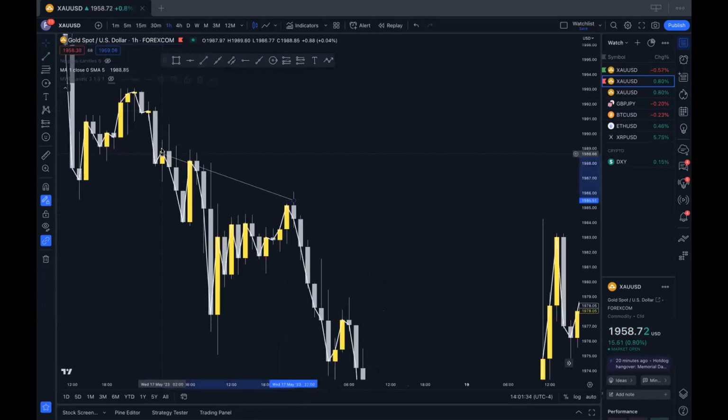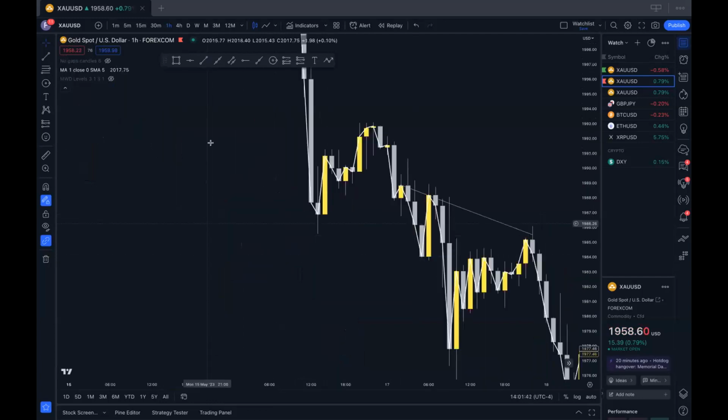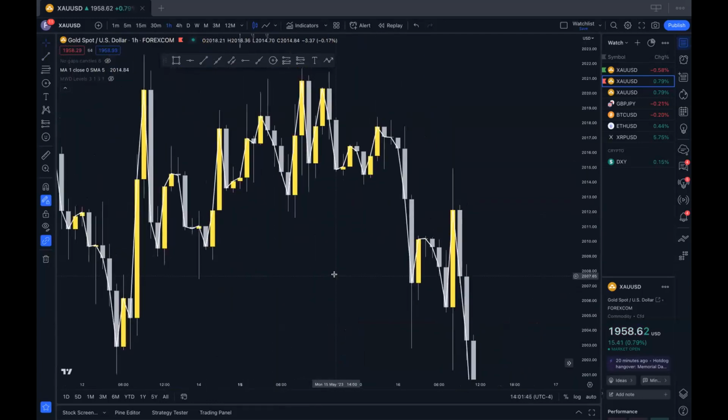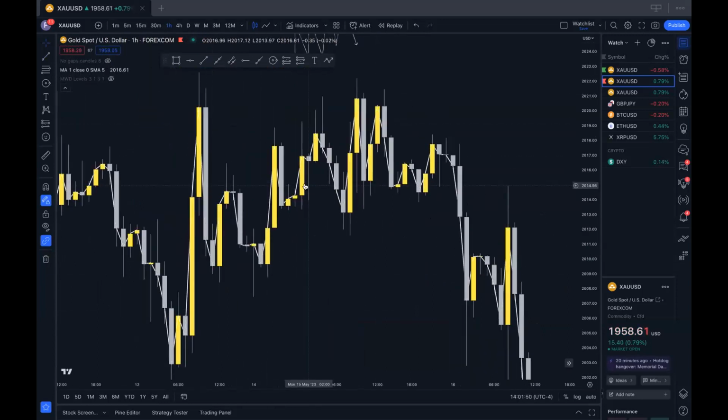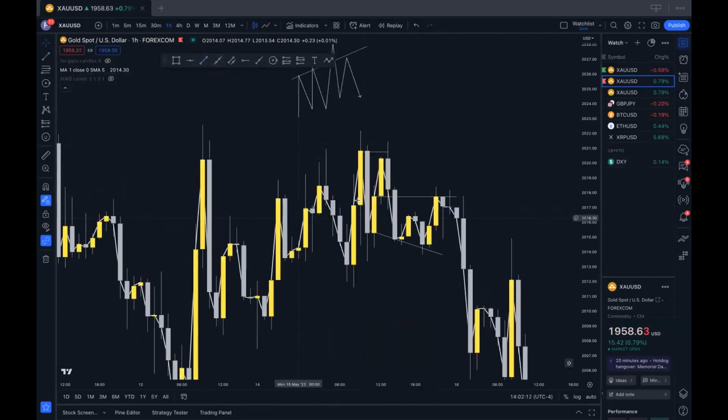T1. Yeah, nothing else here. Let's see. T1, 1, 2, 3. Gap. SNR, classic SNR, how can you get involved?